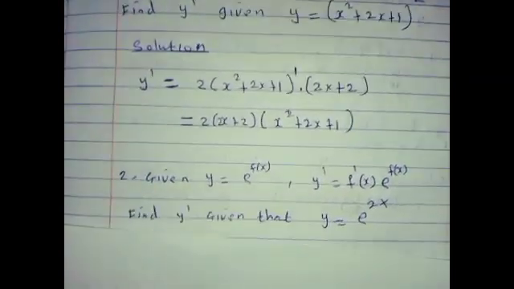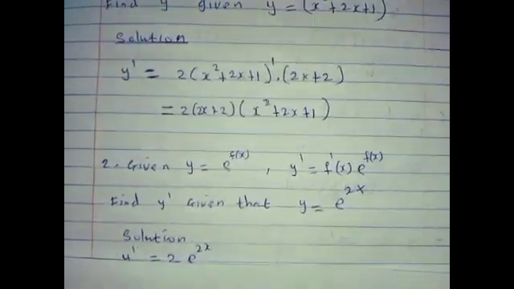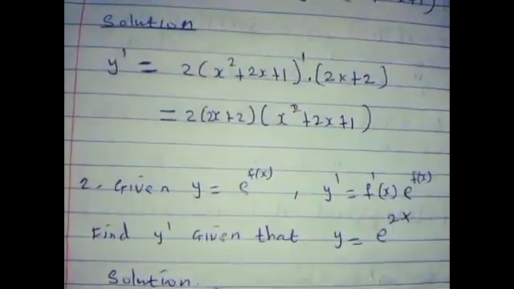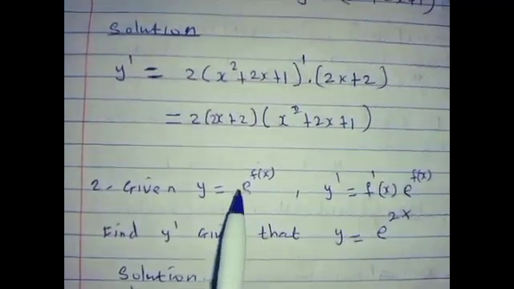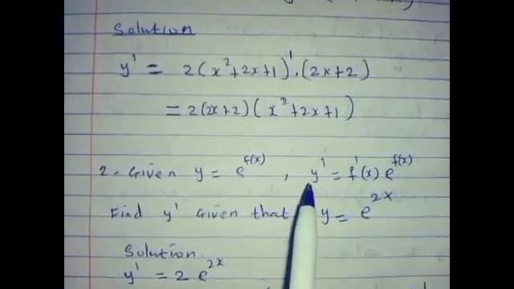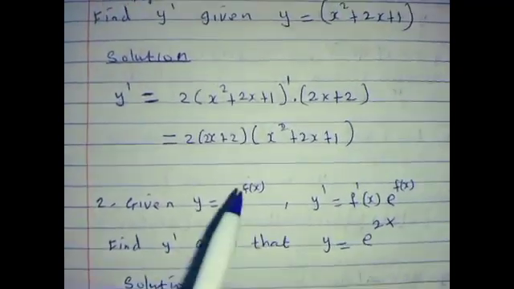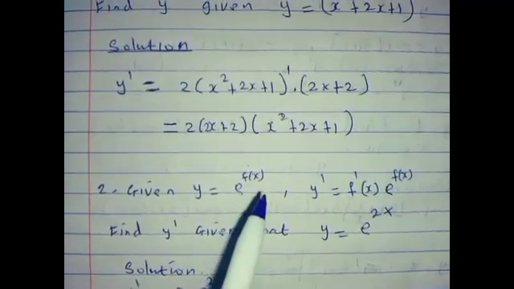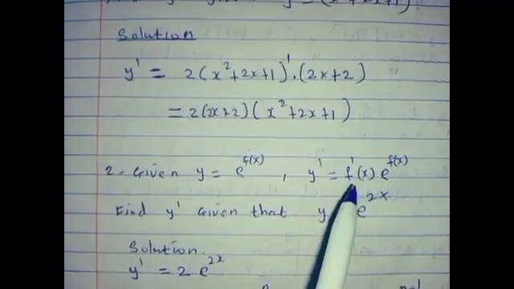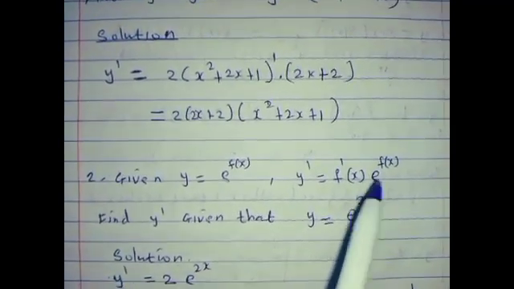Number 2, suppose now we are given an exponential of a function of x. To differentiate that, all you need to do is differentiate the power, the index, with respect to x, then you keep the exponential the same.